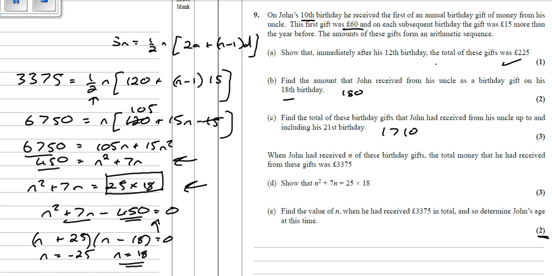So if n equals 18, that's going to be the 18th one. And remember that this number here is always 1 more than the years, so it's the 7 on the end, so John's going to be 27. And that's it. That's how to do that question.